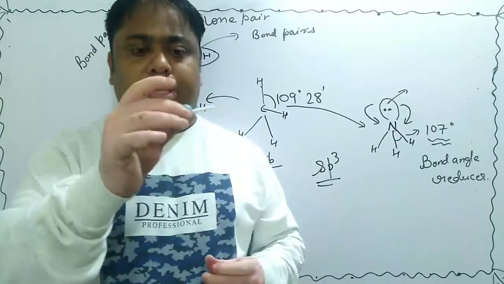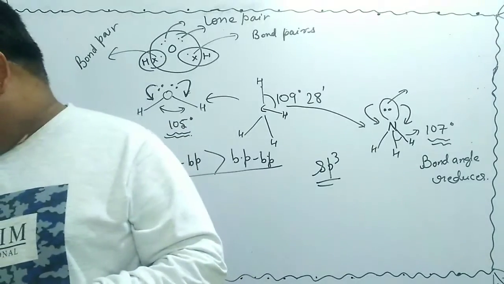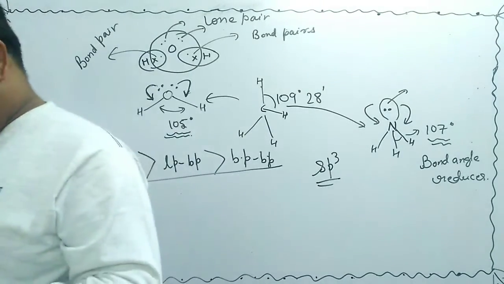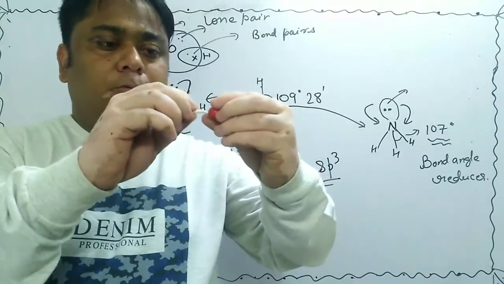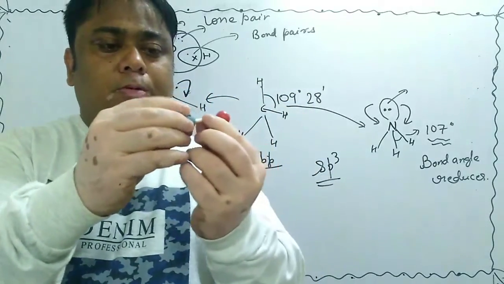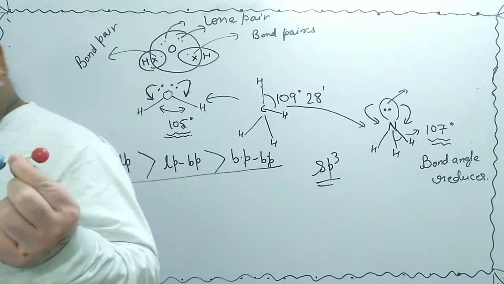Now this is beryllium, and let this be chlorine. So I am joining it with chlorine. Now another beryllium and chlorine will join.